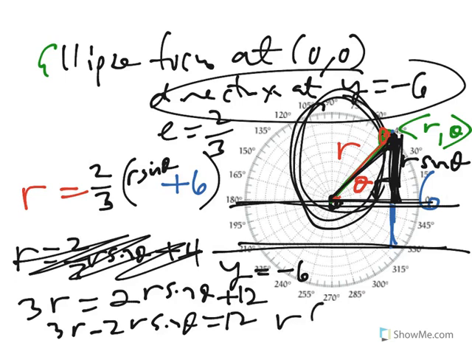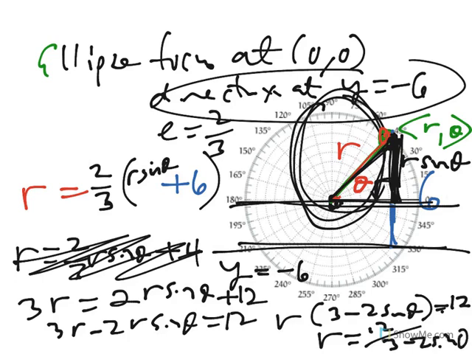Get r times 3 minus 2 sine theta equals 12. And finally, divide both sides by 3 minus 2 sine theta. And that's why I started with the ellipse, the focus, directrix and eccentricity and ended up with that equation, 12 over 3 minus 2 sine theta, which was actually my starting question.